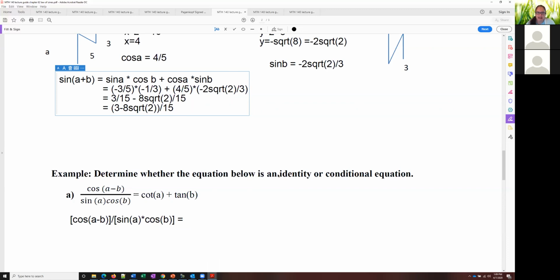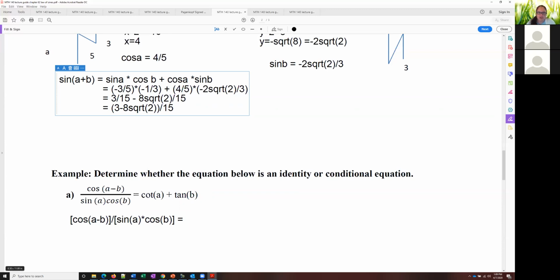If it's an identity, it's true all the time. Otherwise, if it's only true sometimes for certain values of A and B, then it's conditional. And I don't know which one it's going to be yet. So I want to see if it's possible to transform the left-hand side into the right-hand side.